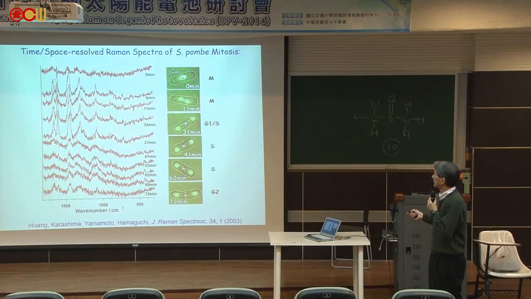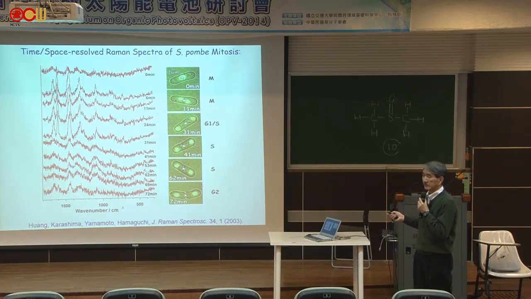So at 0 minutes, we have this spectrum, which can be interpreted as protein. The SN ratio is not very large because at the time we had just started the experiment. And after 11 minutes, this nucleus is split into two like that. And if we shine the laser here, fixed, then we have this spectrum.